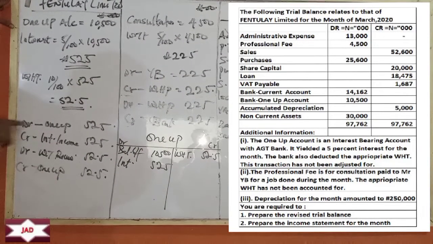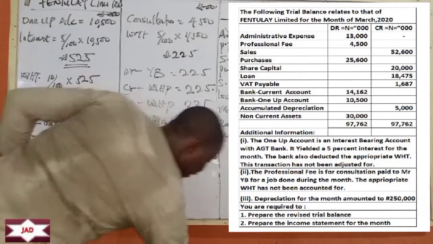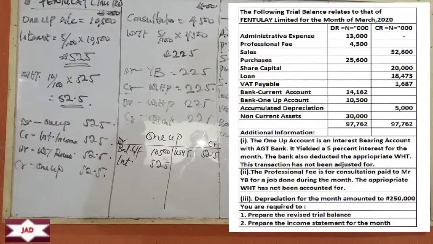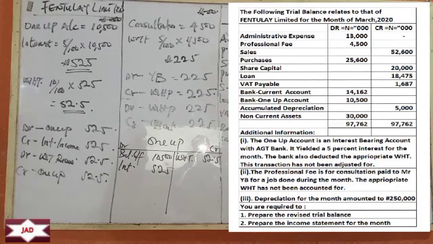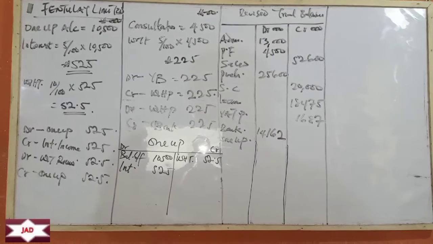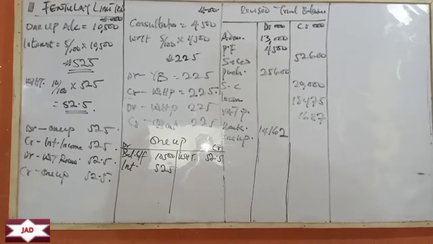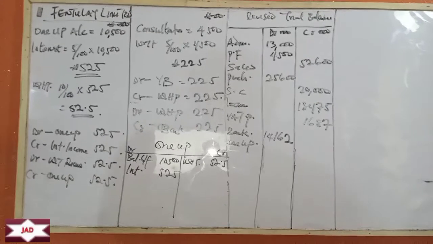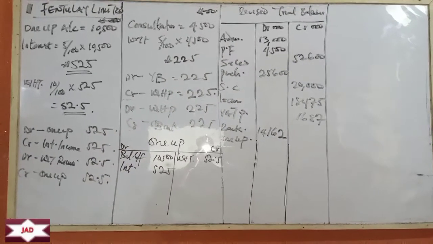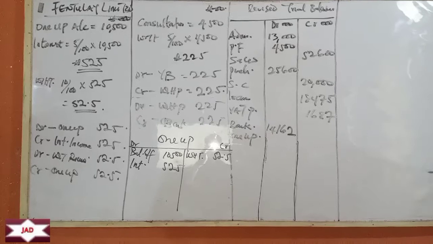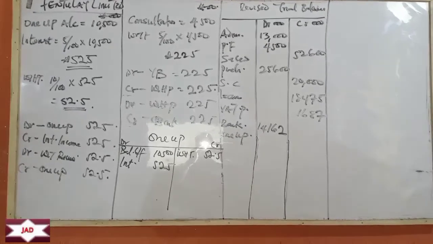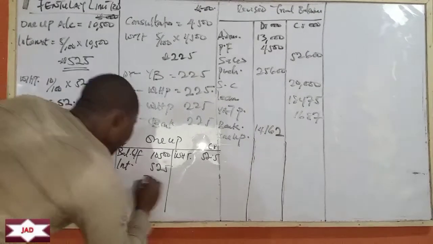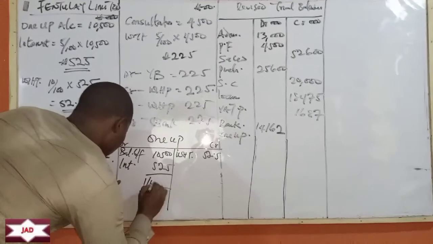So what's the difference there? 10,500 plus 525, so we have 11,025.